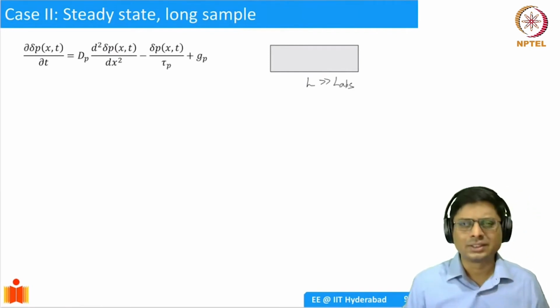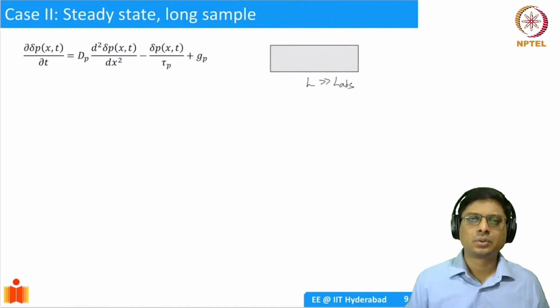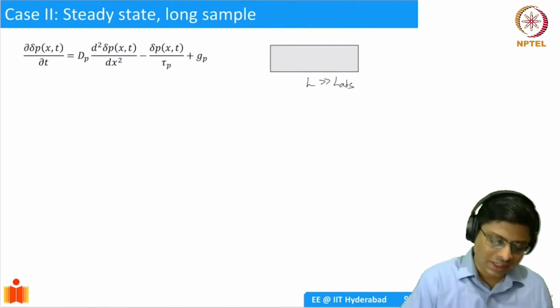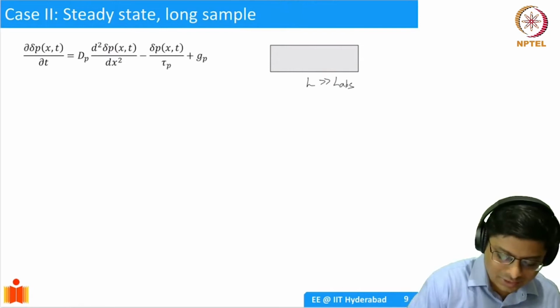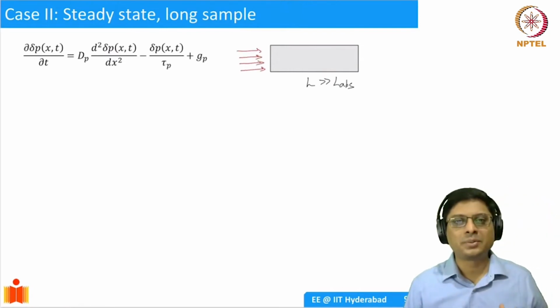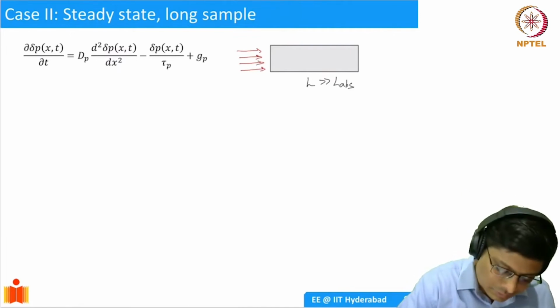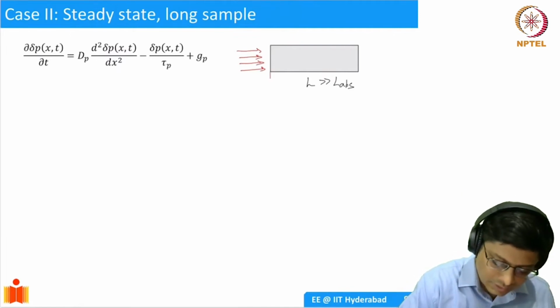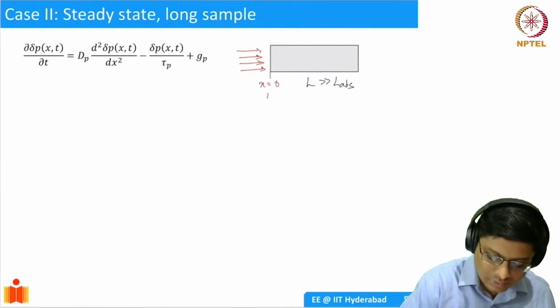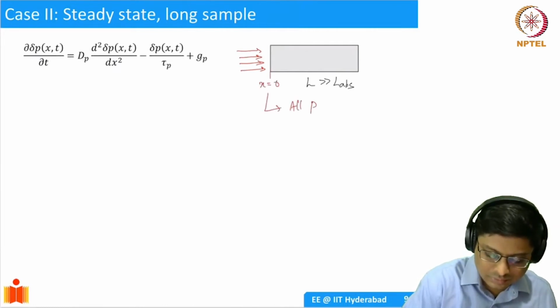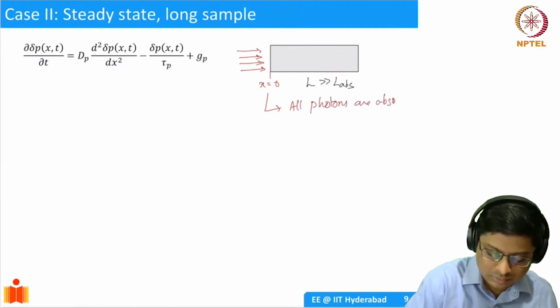Much greater. So what I'm trying to say is, when you shine light, for example, let me say I'll shine light from this side. This is very easy. All my photons are going to be absorbed only at x equal to 0. This, let's say, is x equal to 0. All photons are absorbed at x equal to 0.